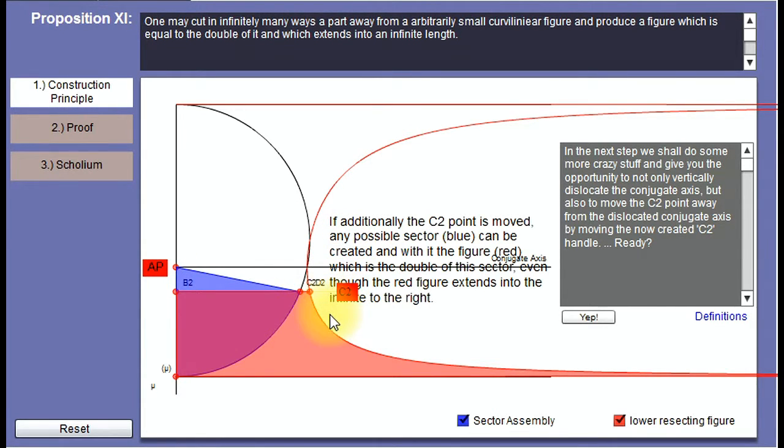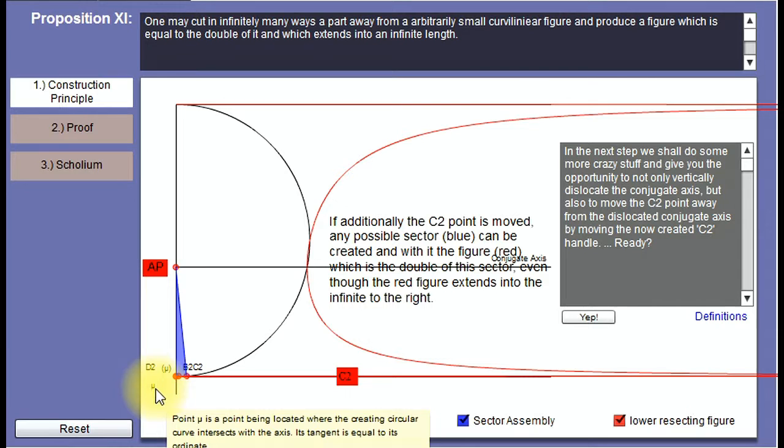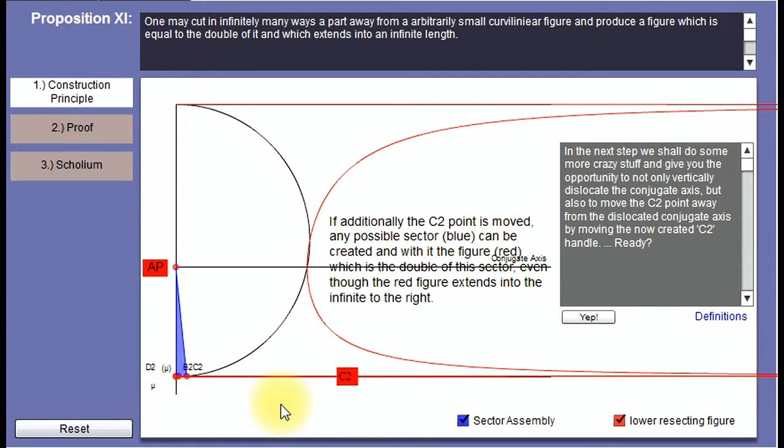And these sectors may even be infinitely small, because if you have, for instance, moved this C point very close to the apex point, the micron point here, I still will know, even though the resecting figure extends to infinity in length to the right here, that this principle will still hold, that the relationship will still hold.